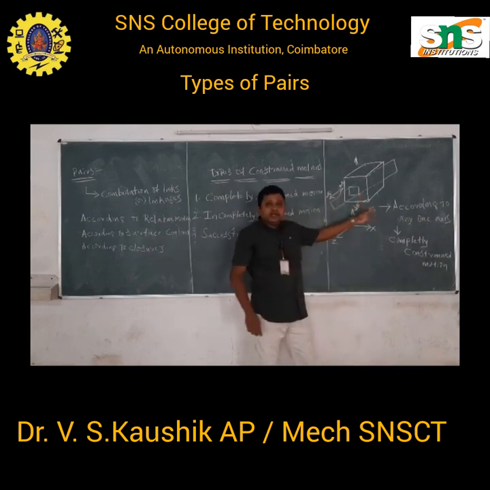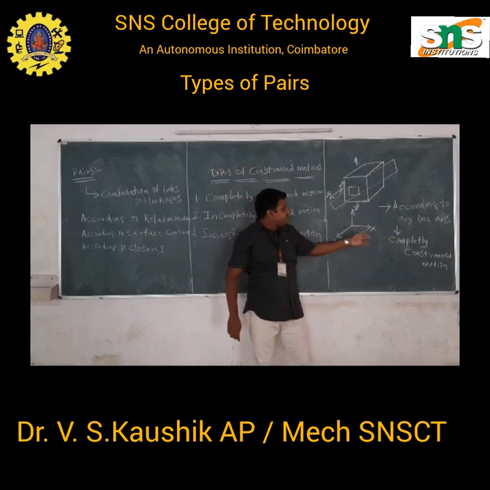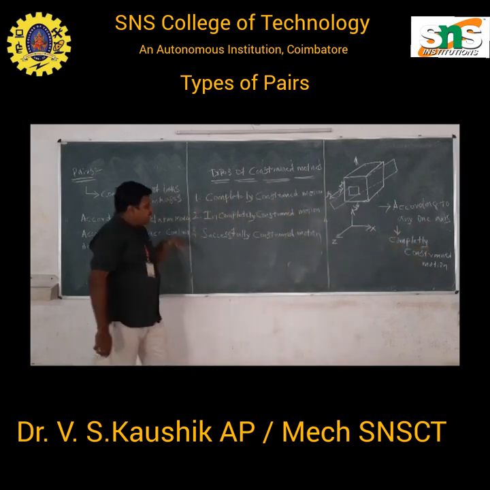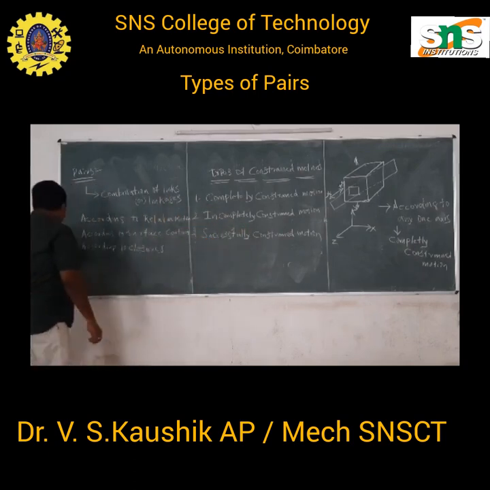Okay, the movement in any one axis is called completely constrained motion. Now we will move into the incompletely constrained motion. That is our second type.